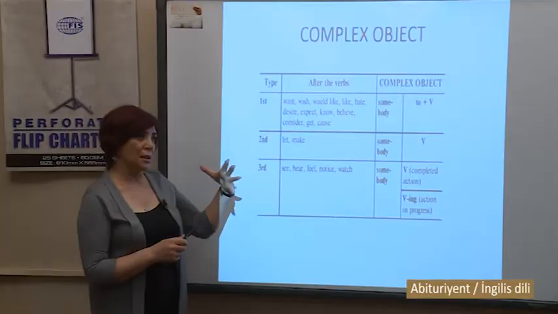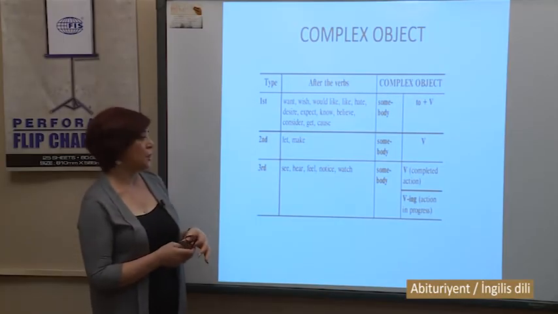The third. So after these verbs, we can use the verb with ing and without ing. So it depends on the context. If we speak about the finished action, we use verb without to. If it is still on, we use ing.